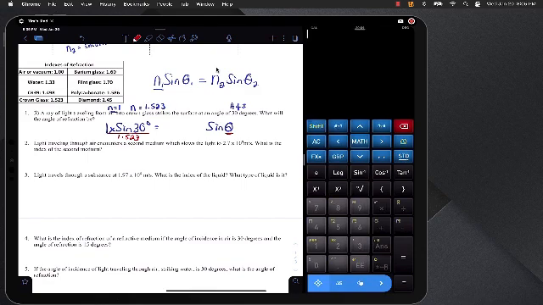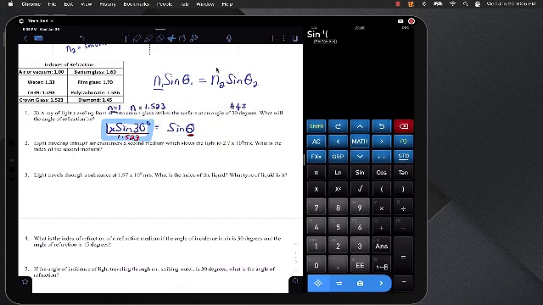We're going to go shift, or maybe that second button, depending on your calculator, sine, to get rid of that sine, we are going to do inverse sine. So I have 1 times, oh, I didn't put the 1 in there.